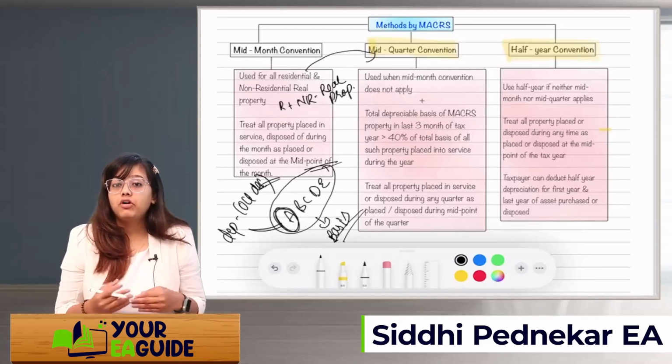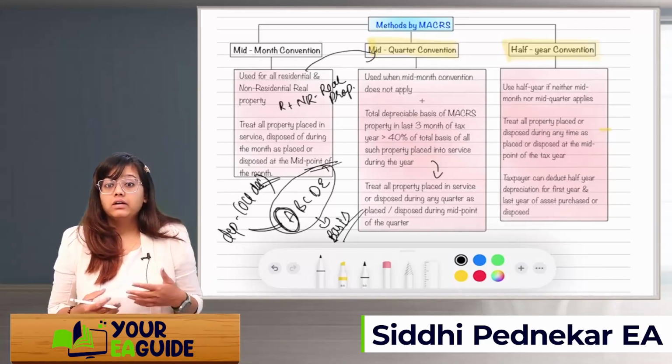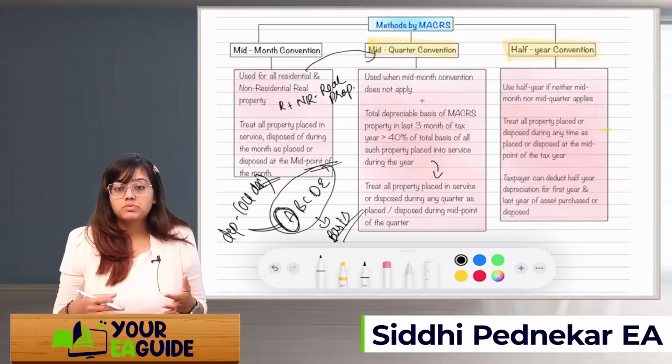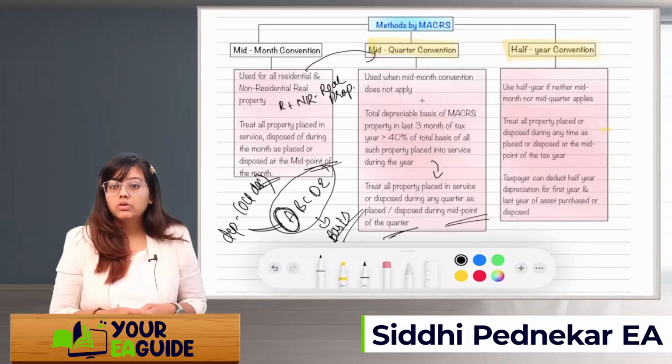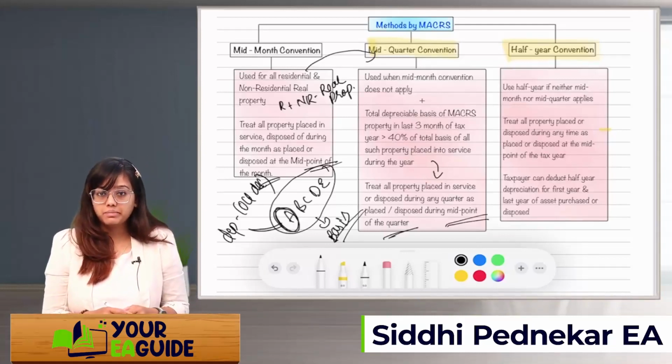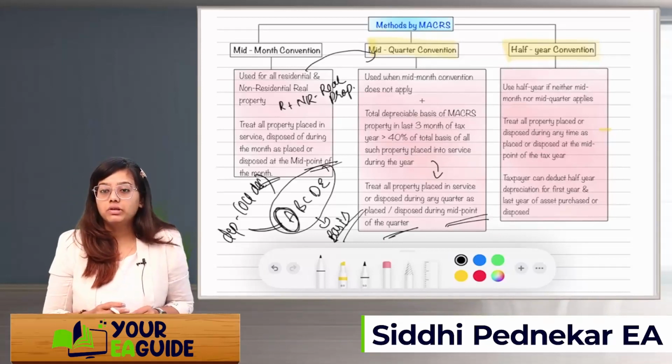Right? And if it falls under the mid-quarter convention, what will happen is we will treat all the property placed in service or disposed of during any quarter as placed or disposed of at the midpoint of the quarter. This is the mid-quarter convention. Next is the half-year convention. What do you mean by half-year?